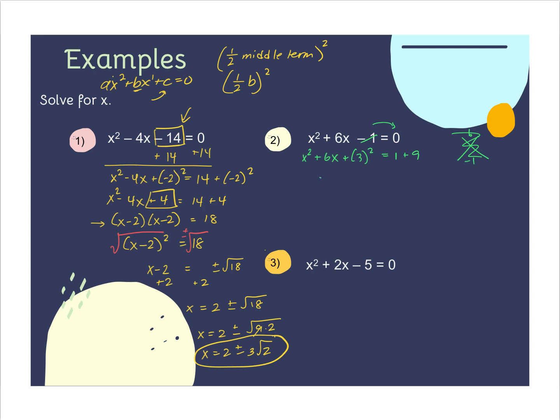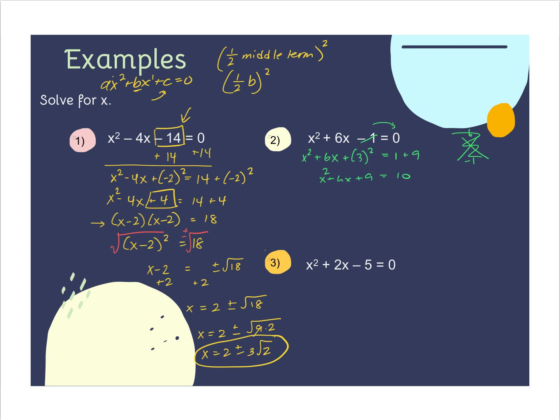And so again, we're going to rewrite it. X squared plus 6x plus 9 equals 10. And I know that now I made this perfect square trinomial. It's x plus 3 times x plus 3, and then I get x plus 3 squared equals 10.